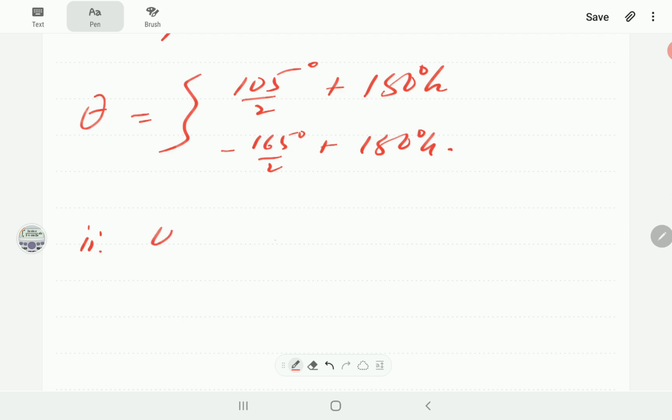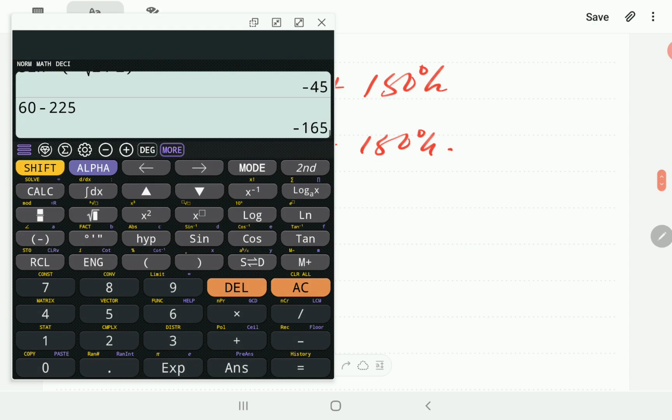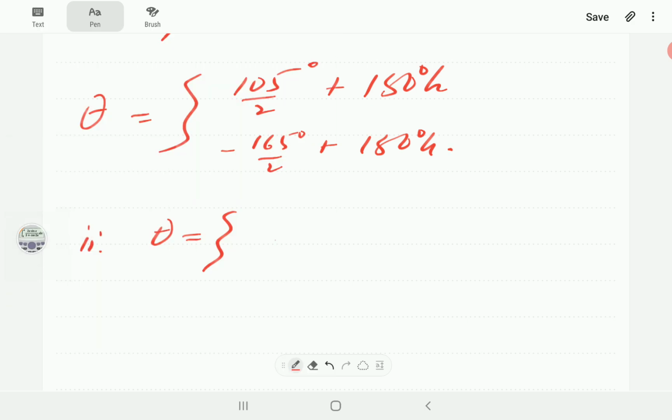So in part 2, if you start with this one, 105 over 2 divided by 2, 52.5. So 52.5 is in the interval of interest, but if we add 180, then we're going to go outside.